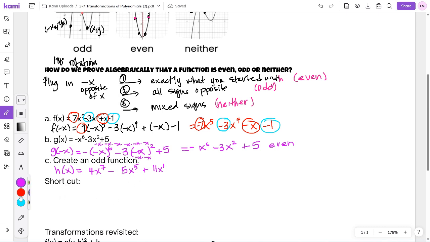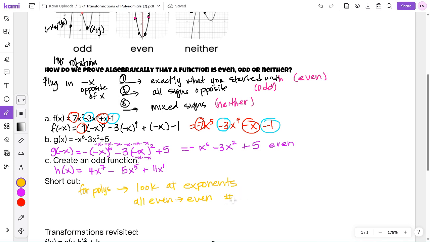All right, so what is the shortcut for polynomials? For polynomials, I can look at the exponents. So I know before I even start this work if it's even, odd, or neither, because if they are all even exponents, it's even. And that would include a number.